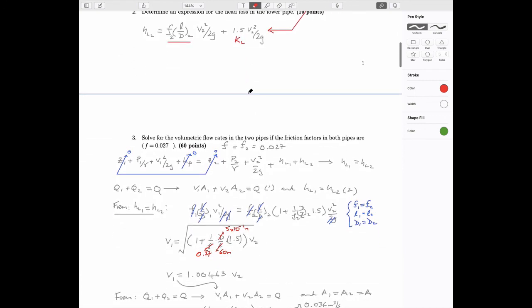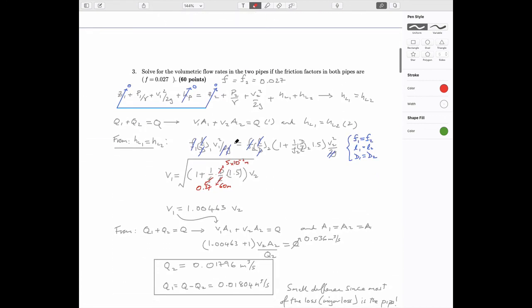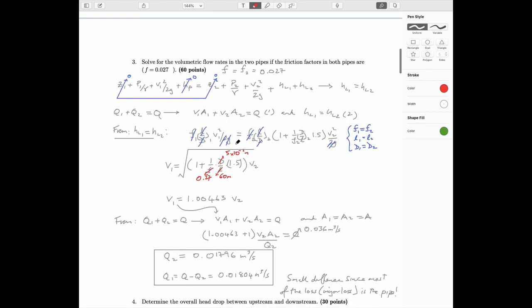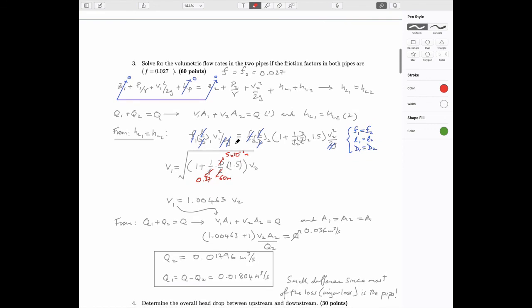So solve for the volumetric flow rates in the two pipes if the friction factors in both pipes are known. So we could write the energy equation between points 1 and 2 in the system. This is going to be equal to this expression here. And so this is the energy equation upstream plus the pump, equal to the energy equation downstream plus the head losses in the system.